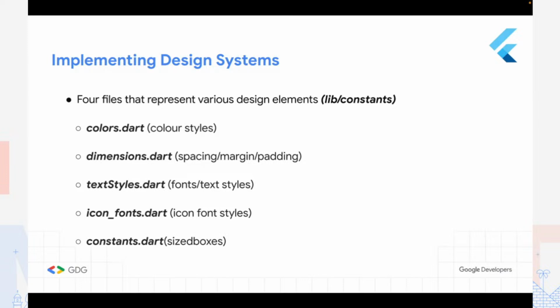Text styles.dart, that is going to have fonts and also text styles for text widgets. Icon underscore fonts, which is going to have icon font styles, icon strings, and SVG strings, anything that is related to icon image. And finally, a constants.dart, where I will be defining sized boxes.